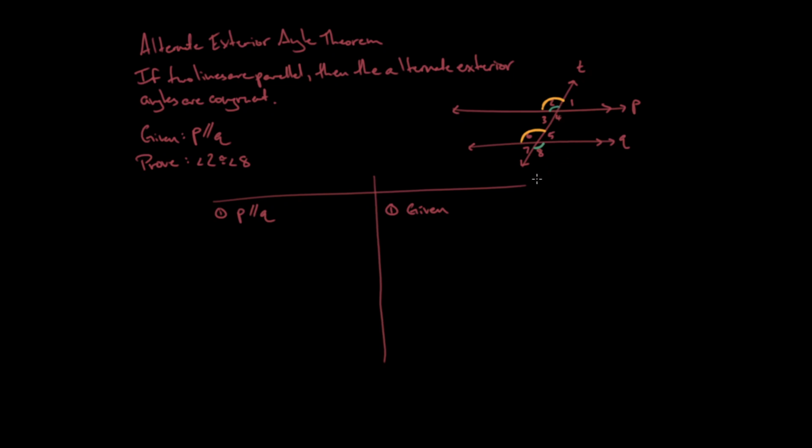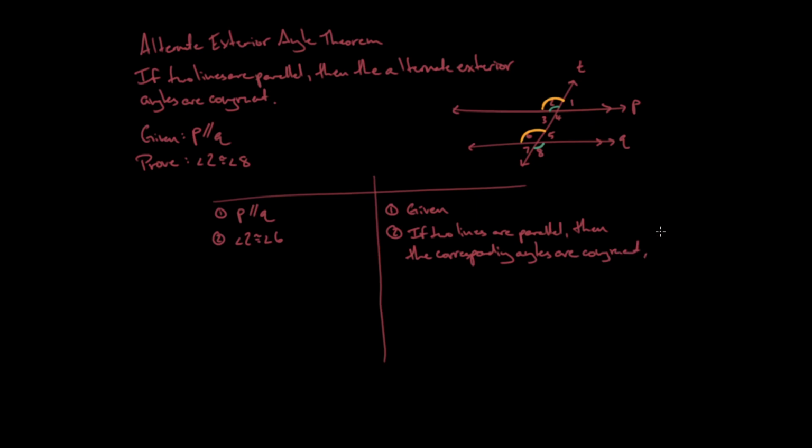Let's start with angles 2 and 6 being congruent to each other. This is statement 2. Angle 2 is congruent to angle 6. The reason for that is the corresponding angle postulate. It says that if two lines are parallel, then the corresponding angles are congruent.